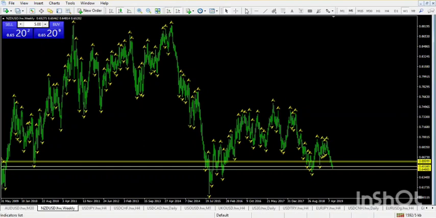So in this chart, the elasticity is downward. This is the trend line that we can draw. Although the internet connection is weak, that's okay.